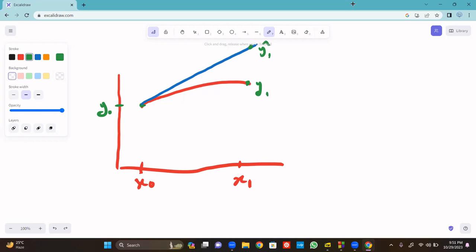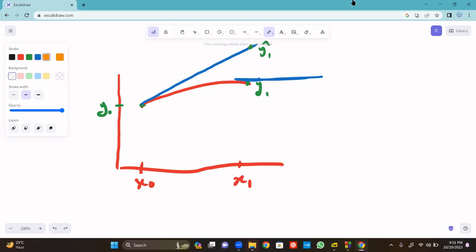Now, there is another interesting idea that if you draw a tangent line at y1 also, and starting from y0, move along that tangent, and finally declare that this is our y1 cap.